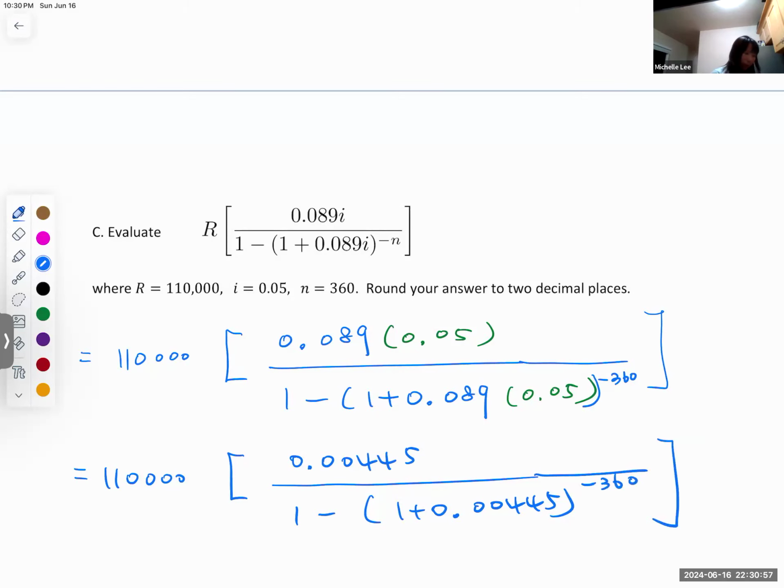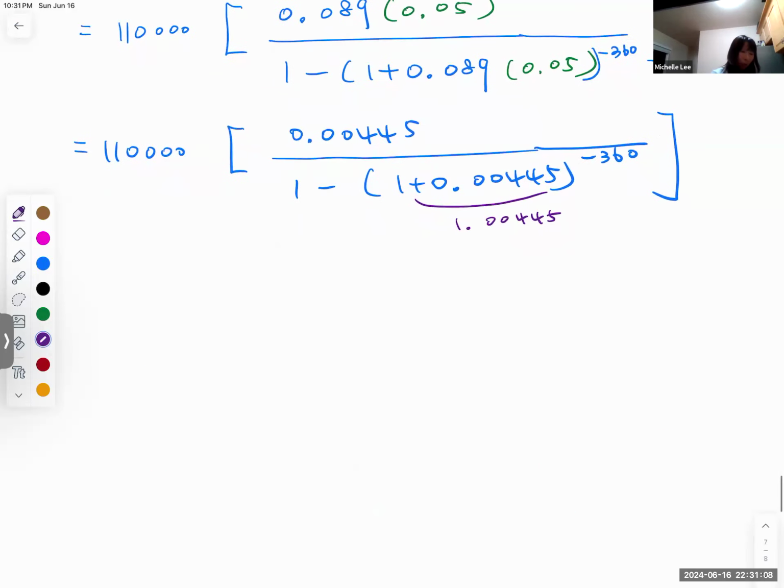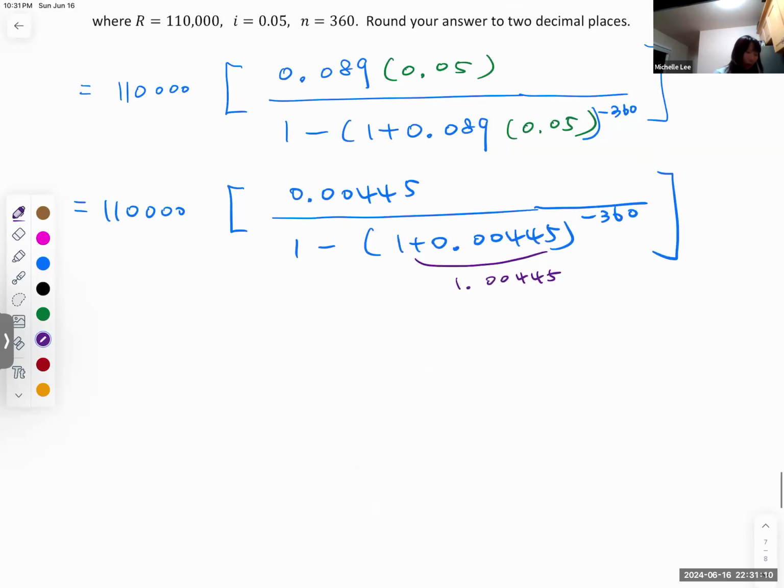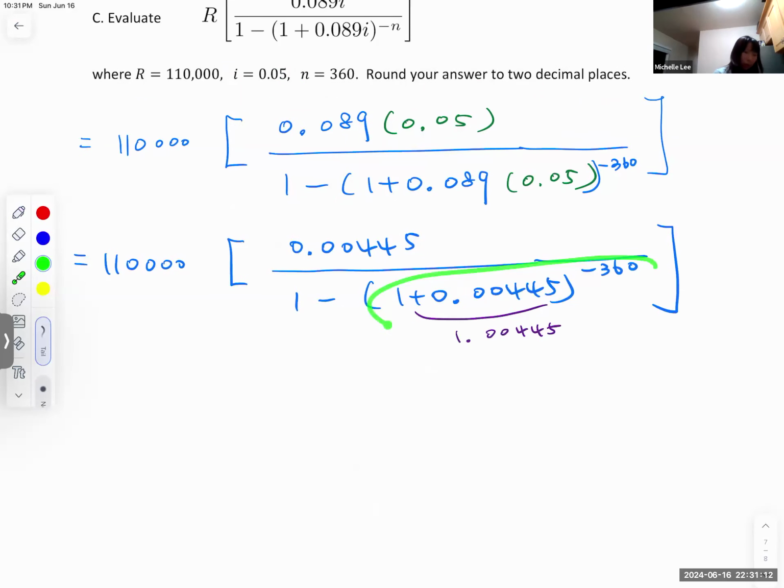And then we can see that this will be 1.00445, right? Okay, so 1.00445 to the negative 360.